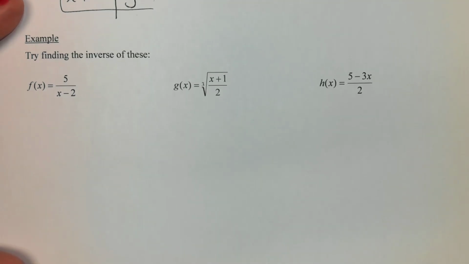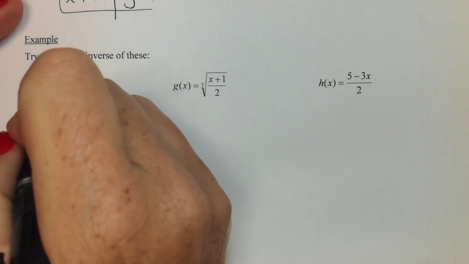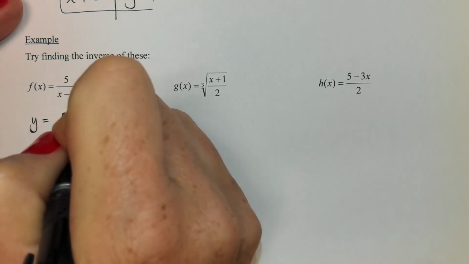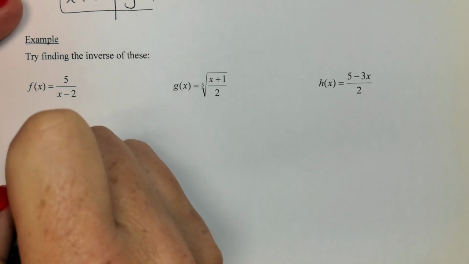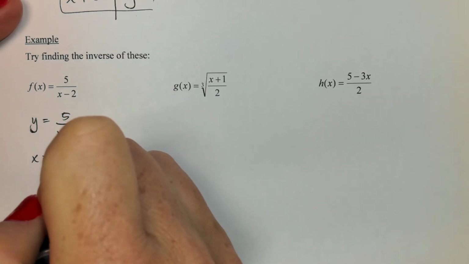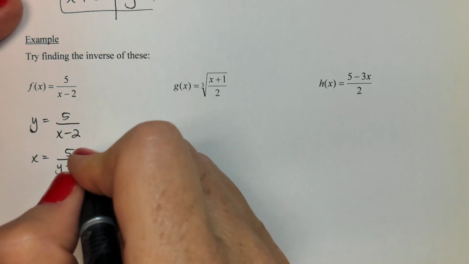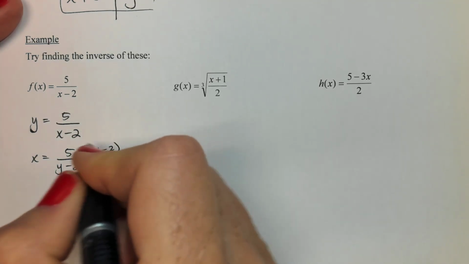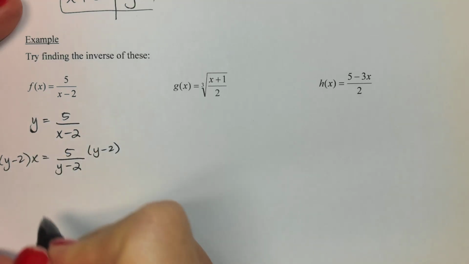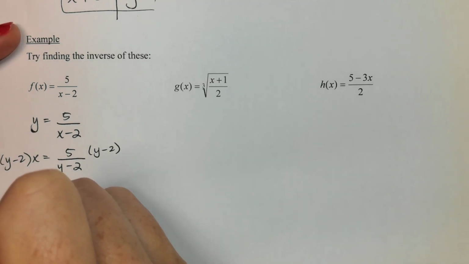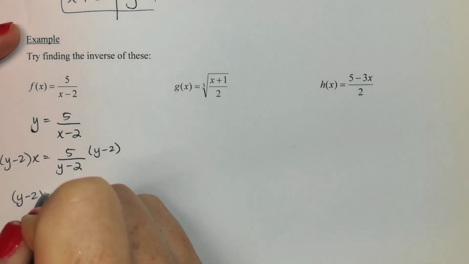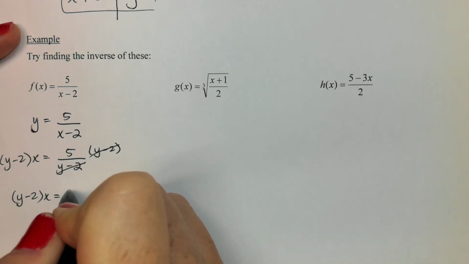Let's try that a couple more times, finding the inverse of each of these. I'm going to put my y there. I'm going to flip-flop them. And now I have a variable in the denominator, which is a little wacky. So I'm going to multiply by that whole denominator to raise it up. And they'll cancel.